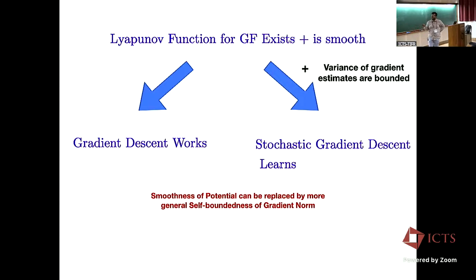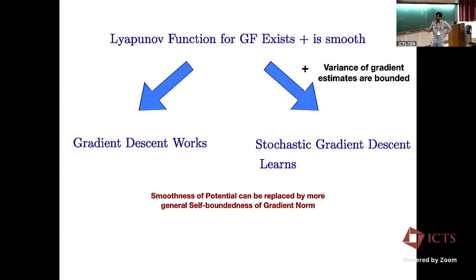What I didn't show in this talk is that if you had, on top of that, that the variance of your gradient is bounded, that is, if you're in the stochastic setting and you know that the variance of the gradient of small f is bounded by something, then you can also show that the same algorithm works for stochastic optimization, or in other words, that stochastic gradient descent works. Okay.